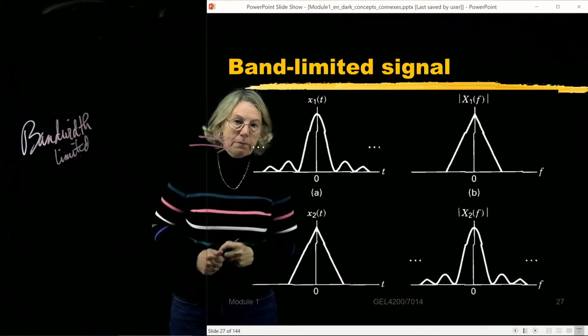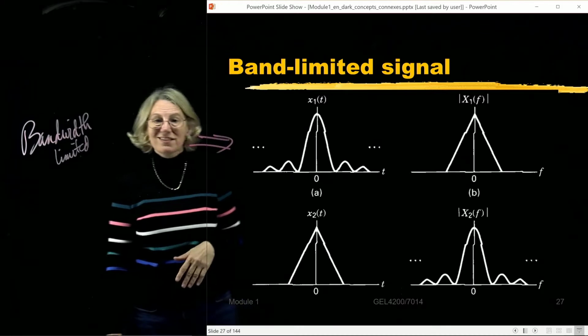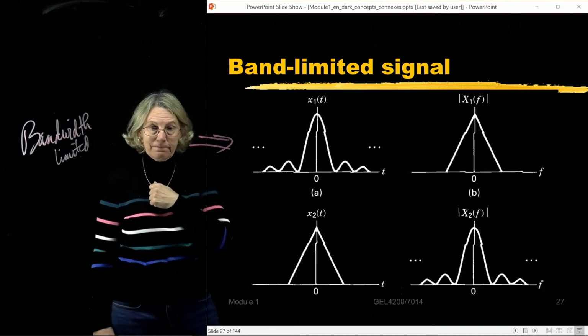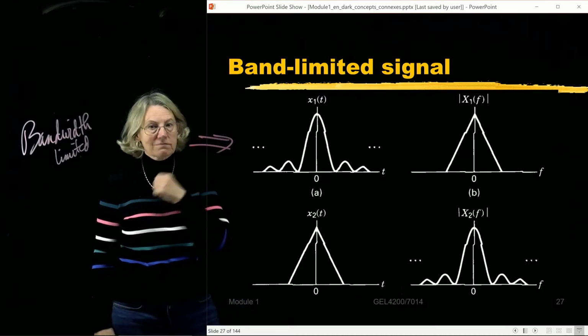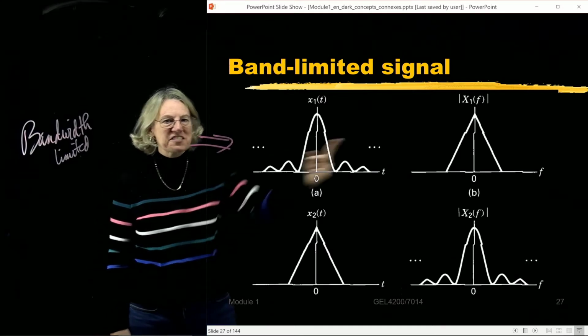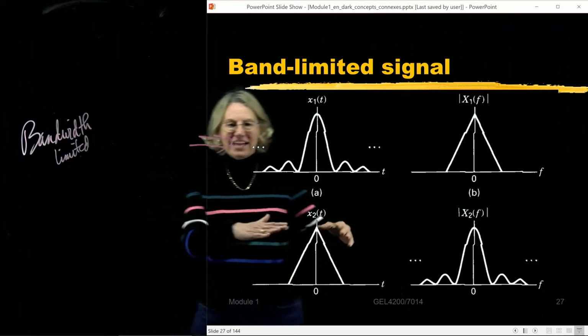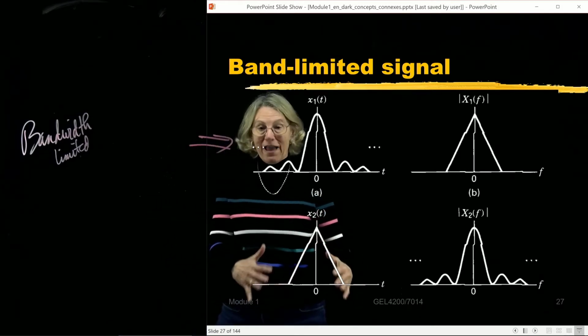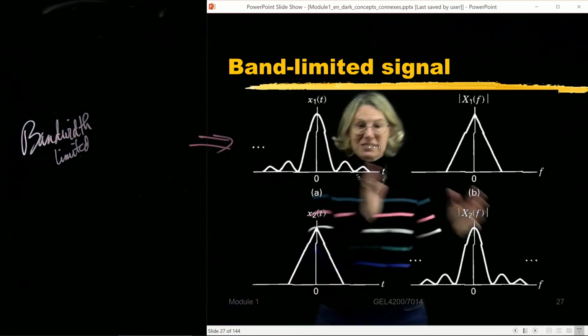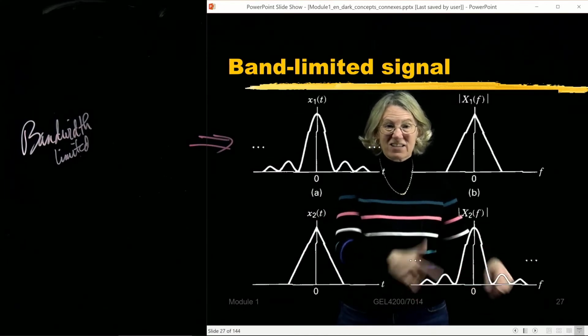Now, suppose I want to look at a counterexample. What is an example that is not bandwidth limited? Well, I'm just going to do a real slick trick here. I'm just going to swap the time domain and frequency domain. I know that if I have a triangle in the time domain, then in the frequency domain, I'm going to have a sinc squared.